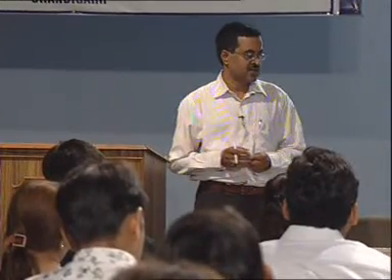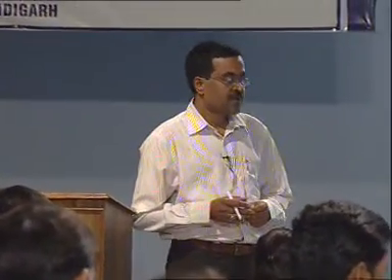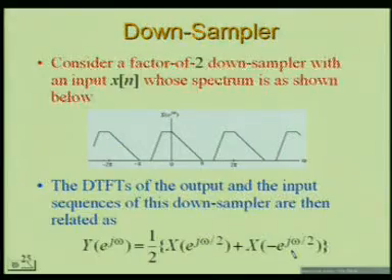Now, let us consider the frequency response. Consider a factor of 2 downsampler with an input x[n], the input sequence is x[n], the downsampling factor is 2 here.